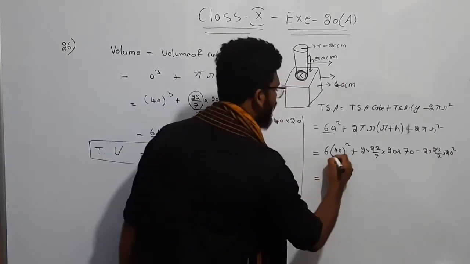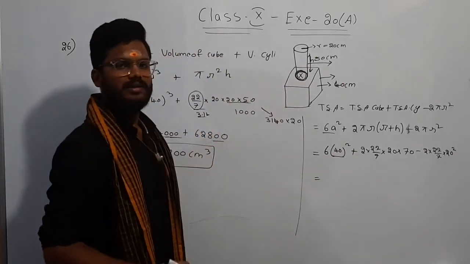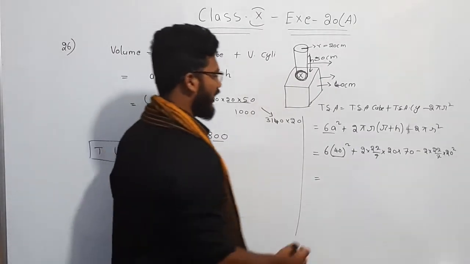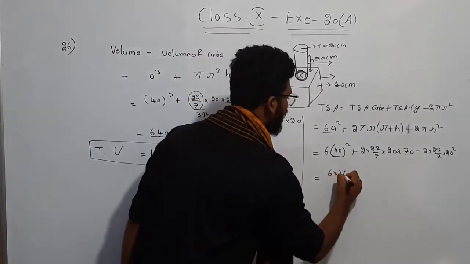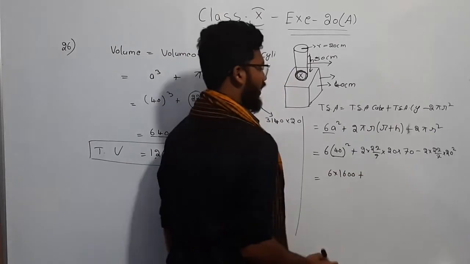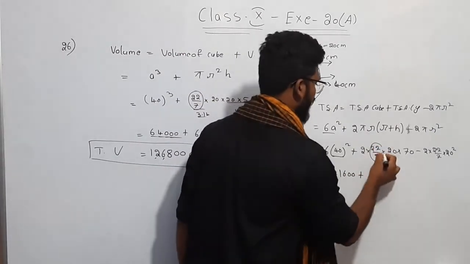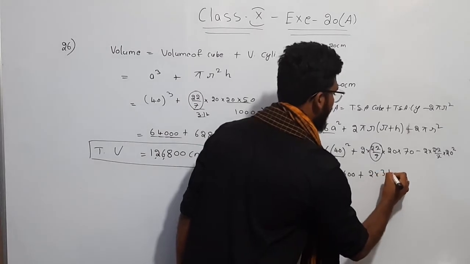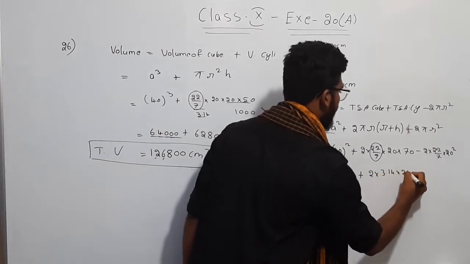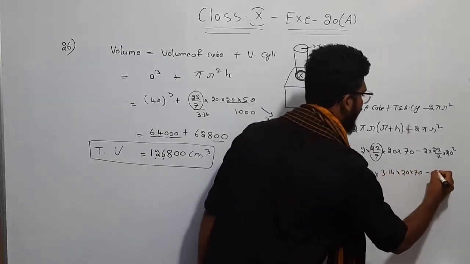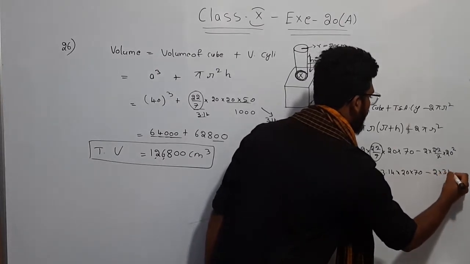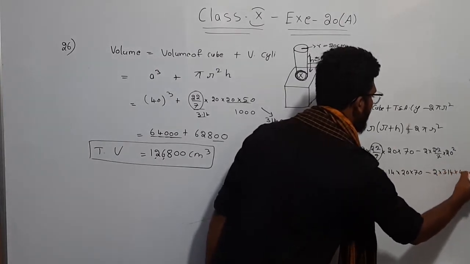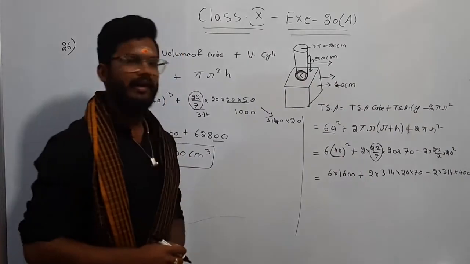Next 40 square, it is 1600, right? So 6 into 1600 plus 2 into 3.14 into 20 into 70 minus 2 into 3.14 into 20 square, it is 400, right?